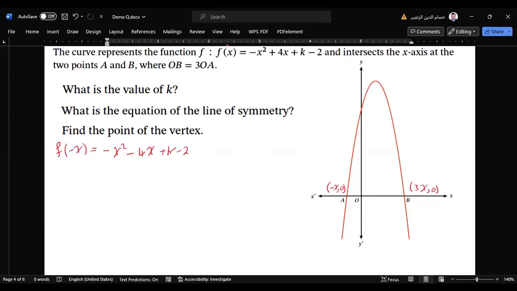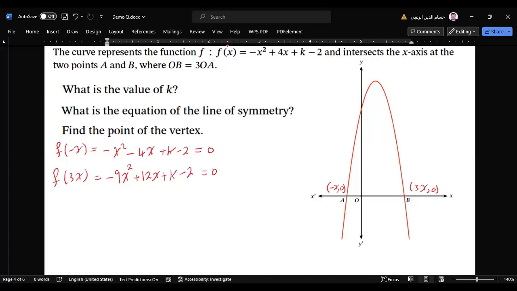And let's make all of that, of course, equal 0. And substitute with 3x. It will be negative 3x to the power 2, which will be 9x to the power 2, and 4 times negative 3 will be 12x, plus k minus 2 equal 0.